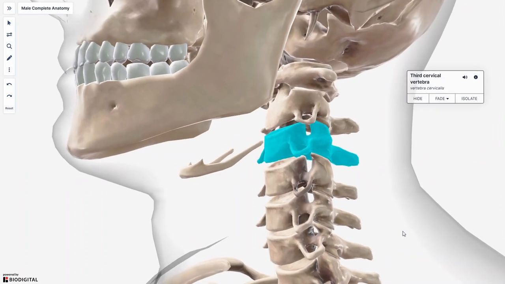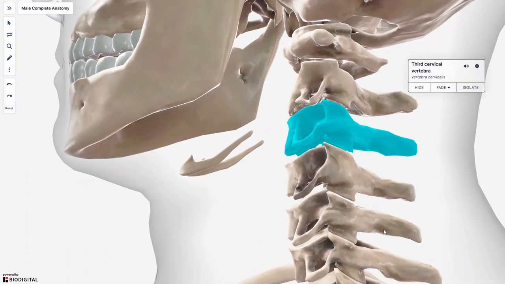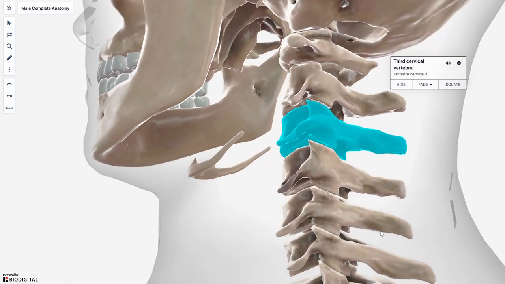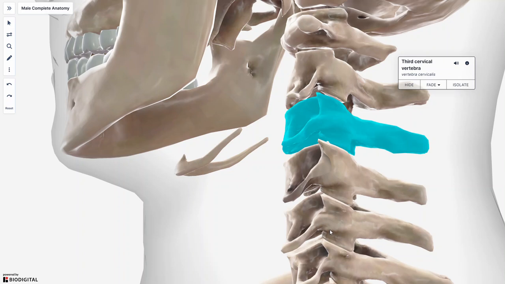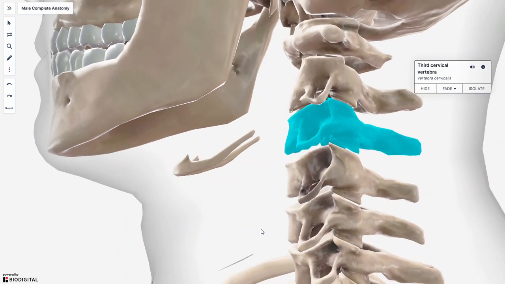So we're going to be looking at these structures very closely and identifying what structures we can see, depending on what specific x-ray it is that we've done to see those specific structures.